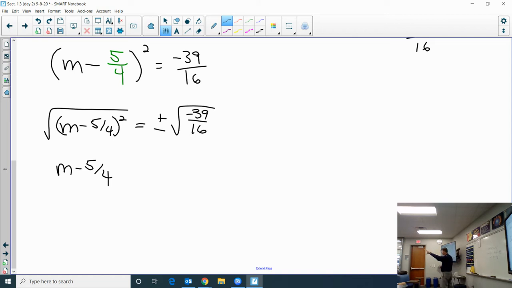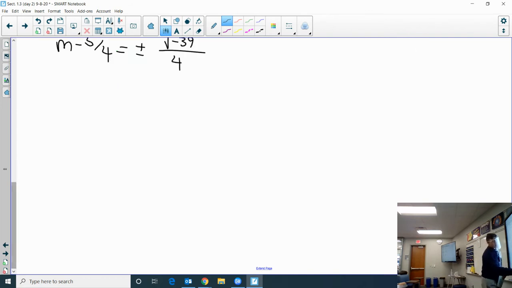Do we know the square root of negative 39? No. Do we know the square root of 16? 4. Use that. Make sure that once you write the 4 down, it's no longer under the square root. If you do this right, these denominators should match up. You shouldn't get a 4 and a 6 or a 4 and an 8. Move the 5/4 over.